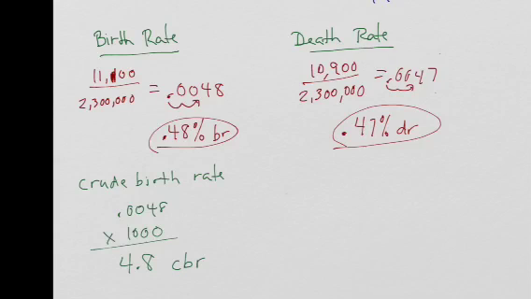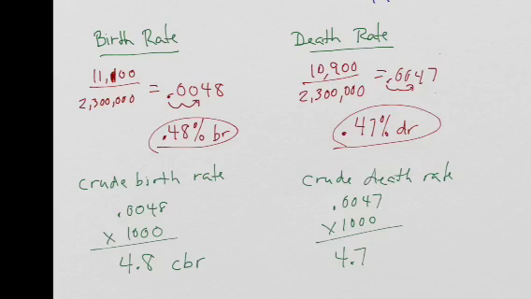And then there's this other thing that we need for the next problem: the crude death rate. We move that decimal one more spot, or take the original decimal times 1,000, not 100. So move that decimal one more spot than we did for the percent. And that's the crude death rate. We're going to need that crude birth rate and crude death rate for the next portion.